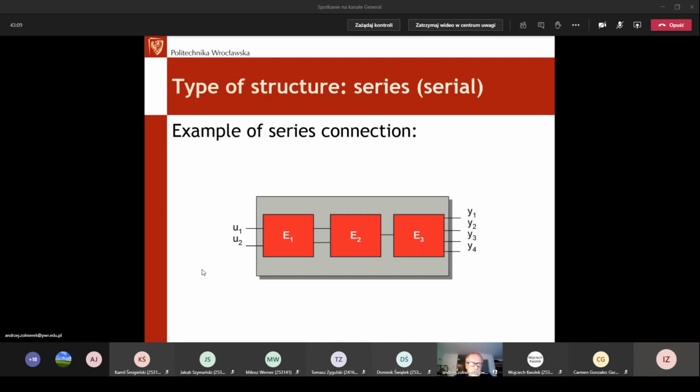So, as I said, we do not consider such connections. It means that when two objects are connected, every output of one object is connected to the corresponding input of the next one, and the number of inputs and outputs is the same.